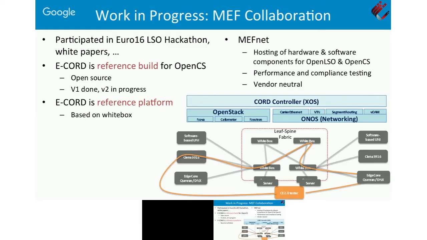So now I want to move on to what we've been doing since then. One of our key partners is the MEF. We've been working with them even since the POC. What we demonstrated was the E-Line service model. Now we've also participated in things like the LSO Euro 16 hackathon.